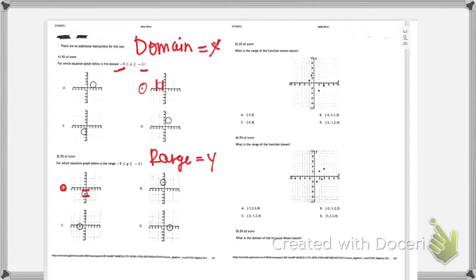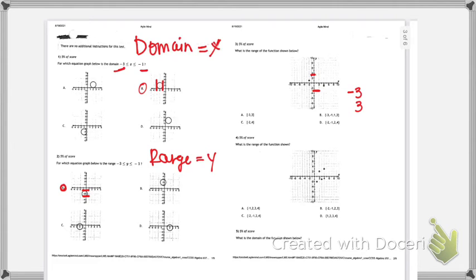Number 3, what is the range? Once again, looking at the y. So what is the lowest point on this graph that you see? I'm looking right here, which seems to be a negative 3. And the highest is a positive 3.